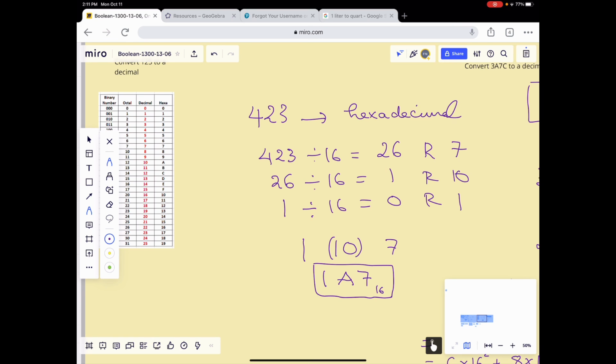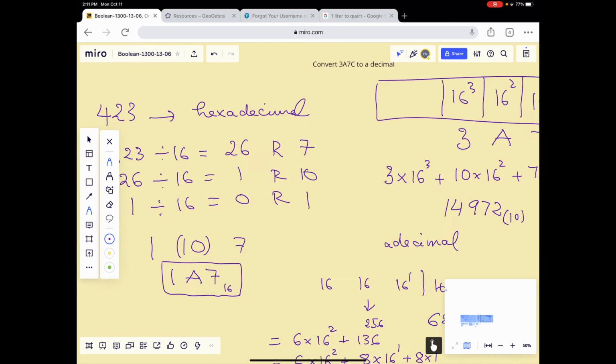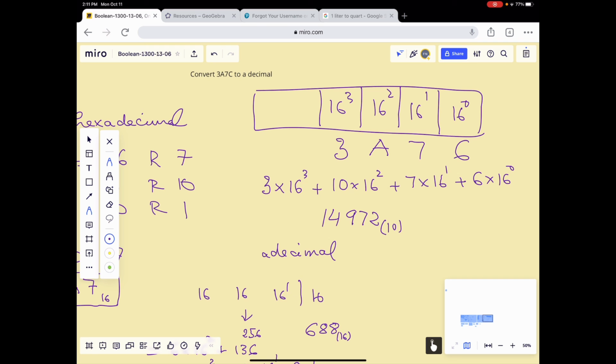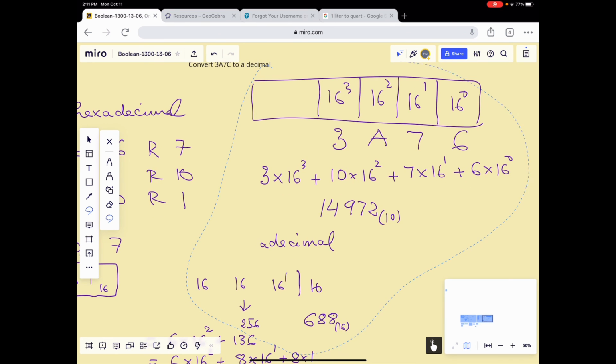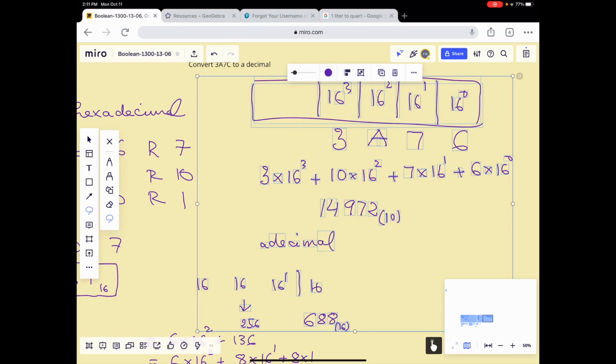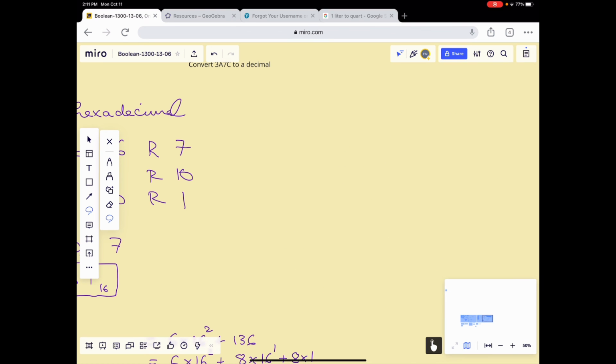Okay, let's do another example. So I'm going to move over here. I erase this one. Let's convert 1,000 to hexadecimal.